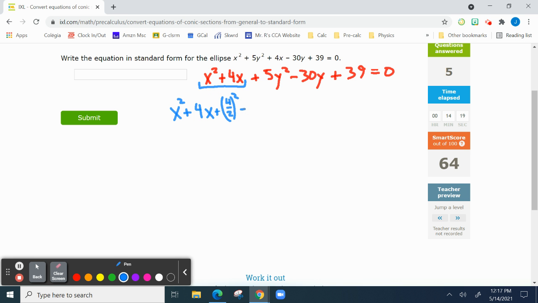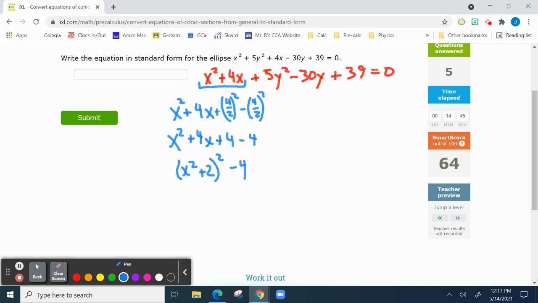And then minus half of that coefficient squared, right? So that's just going to be x squared plus 4x plus 4 minus 4. So that all is the same. So that's going to be x plus 2 squared. And then we're going to have that minus 4. So there's that completing the square.